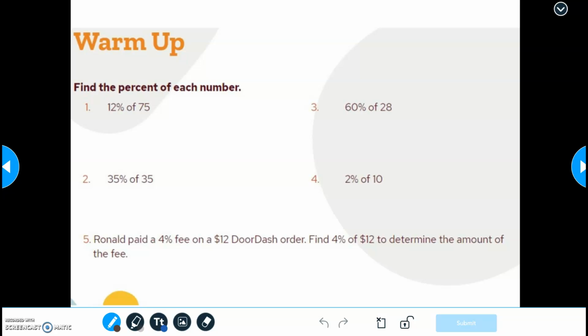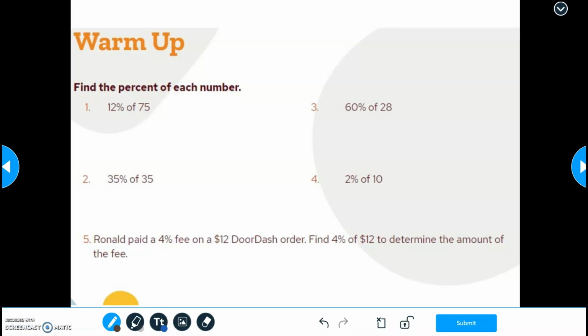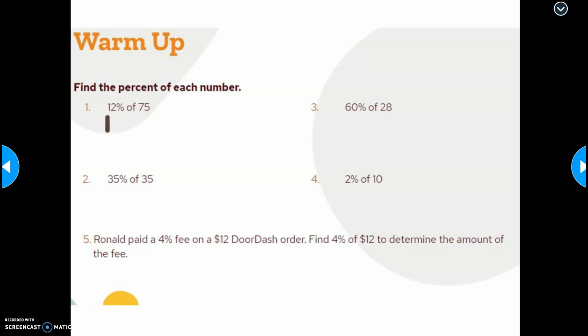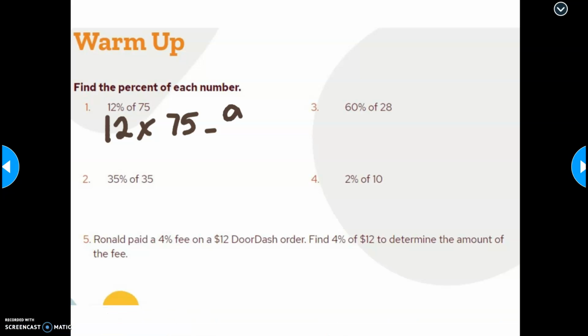All right, let's go ahead and solve these. The way I solve them, I know that 12% equals 0.12. So I'm going to take 0.12 times 75, which equals 9.